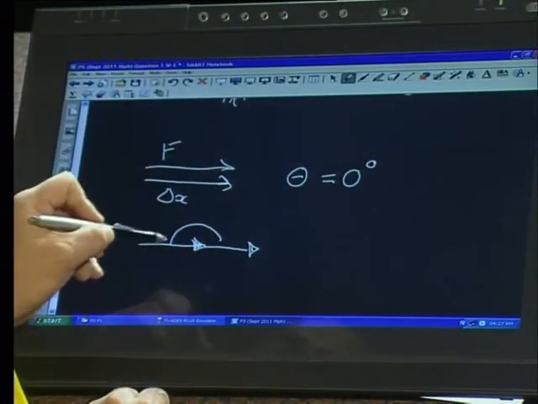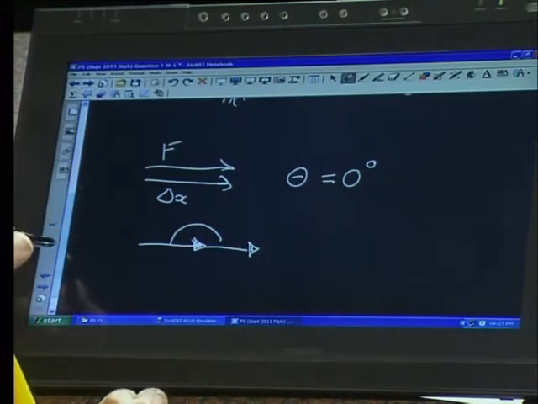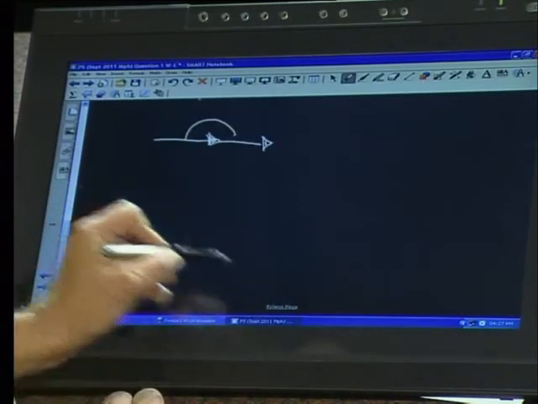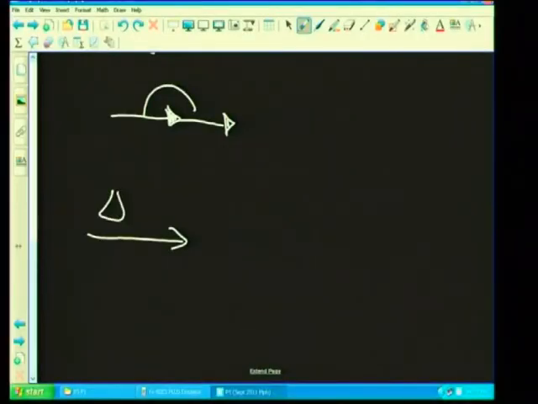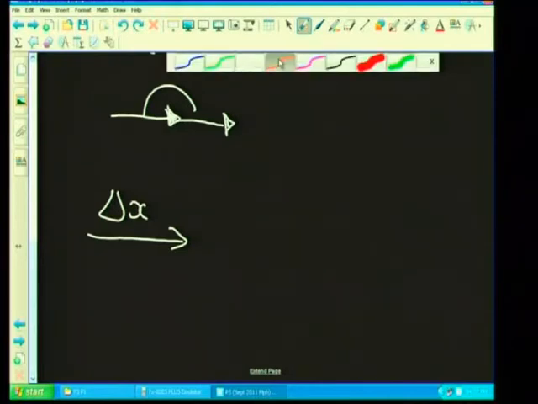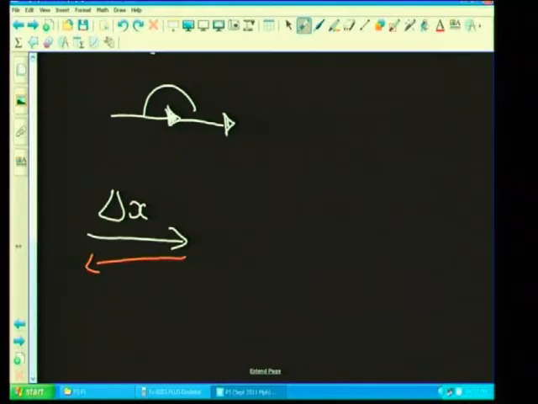Now, what I need you to understand is what happens if we've got the opposite situation. If an object is moving like we've got here, delta x, and we've got a force of friction, what's the angle from the head of that one to the tail of that one? I hope you can see that's in the opposite direction. So theta here is 180 degrees.